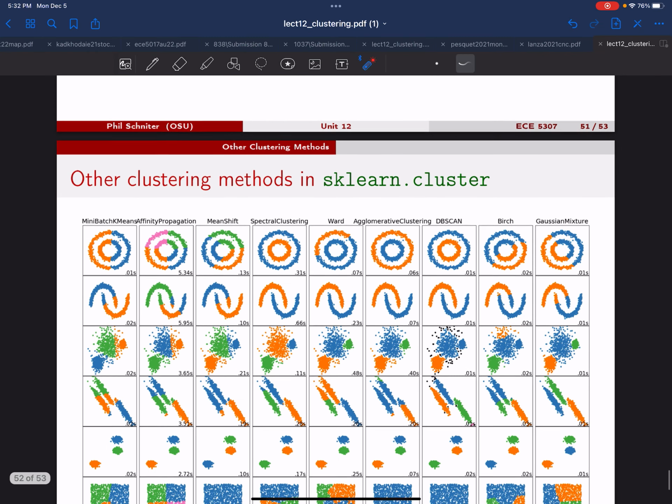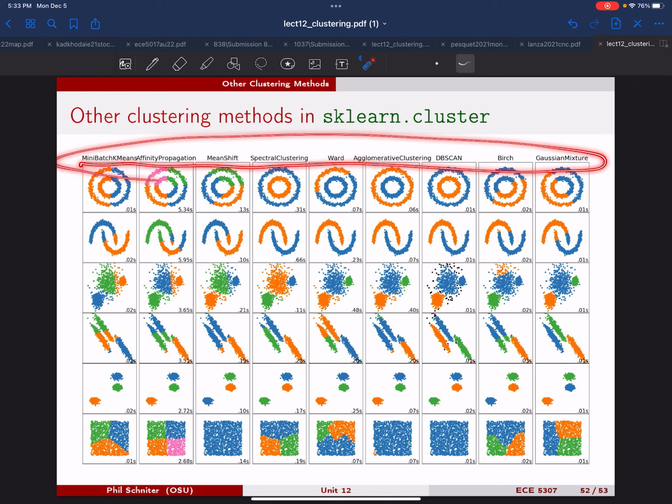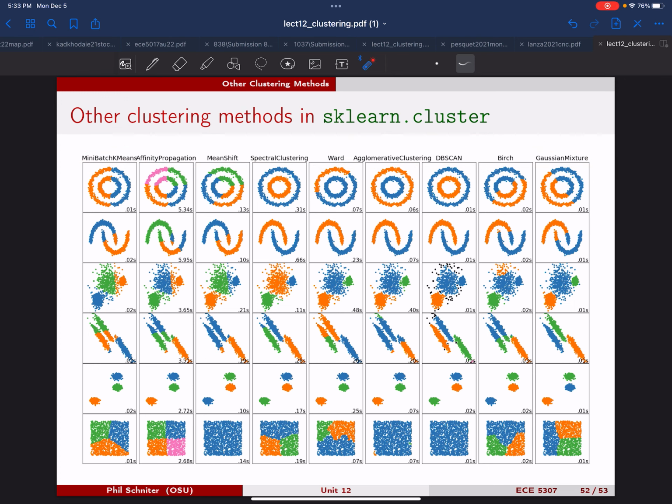So here's an example from some of the scikit-learn documentation that shows 1, 2, 3, 4, 5, 6 different data sets, and then it shows about 9 different approaches, and with these toy examples it just looks at how they work on clustering.